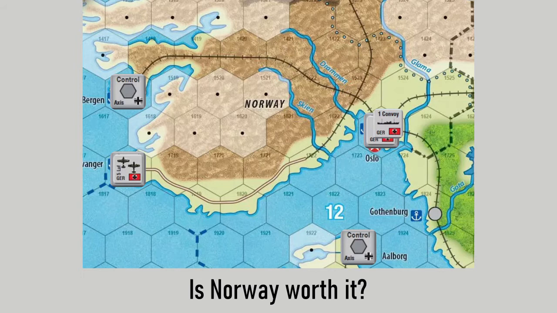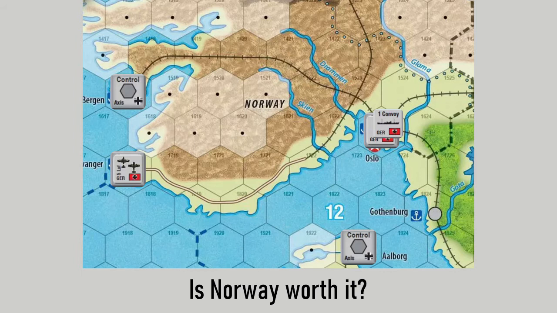The infantry unit is usually placed at Oslo. That's a terrible place for the infantry unit to be. It does allow it to respond to invasions at Bergen or Stavanger, but the Allies only really need to regain control of those ports. They don't actually need to reconquer Norway to stop the strategic DRM from applying.